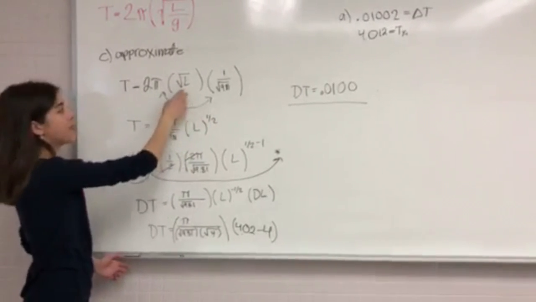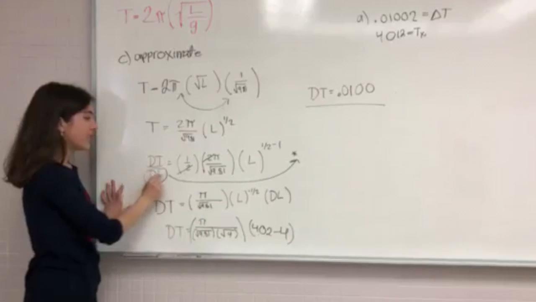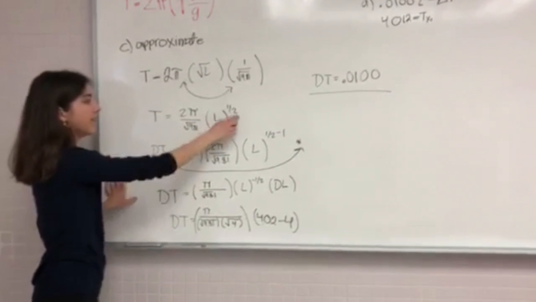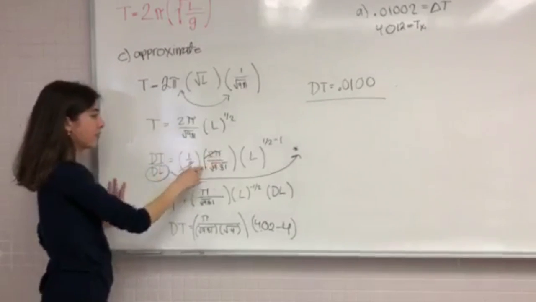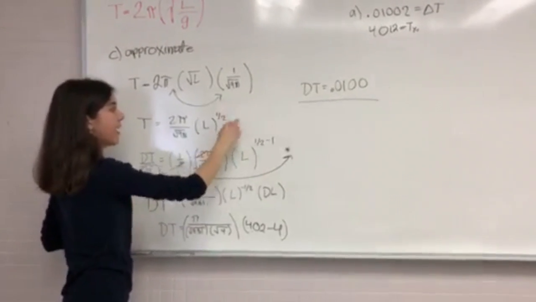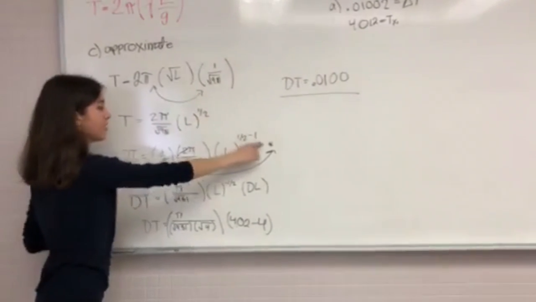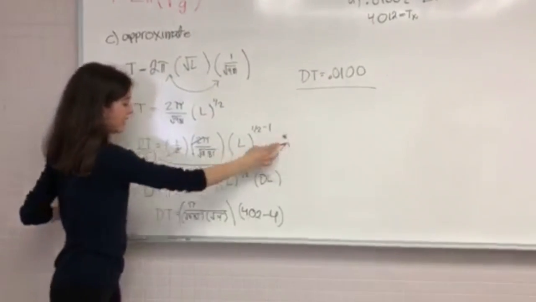We now derive dT over dL, and that will equal 1/2 times 2 pi over the square root of 9.81 times L to the 1/2 minus 1. We also move the dL multiplied at the end.